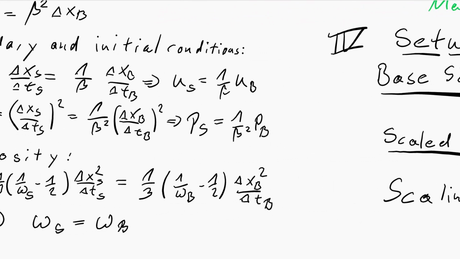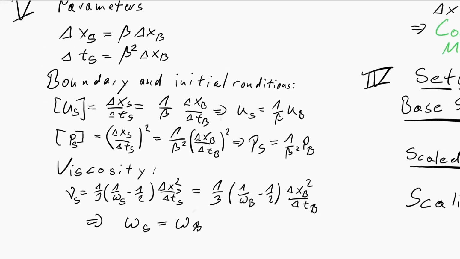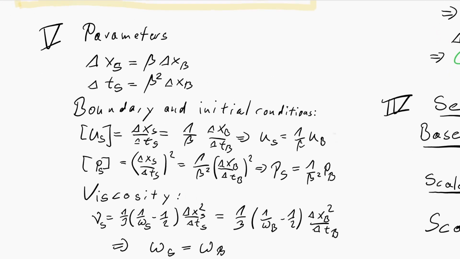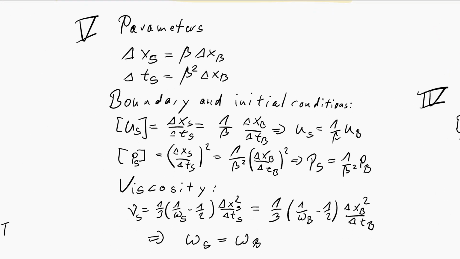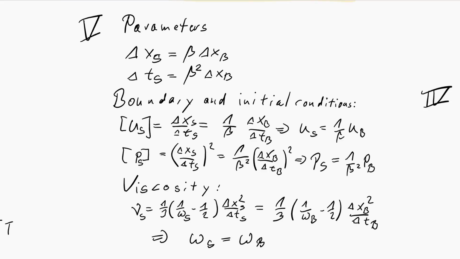Okay, so when we set the parameters for the scaled simulation, starting from the base simulation, we have to scale, of course, delta x with beta delta x_b and delta t with beta squared delta t_b.